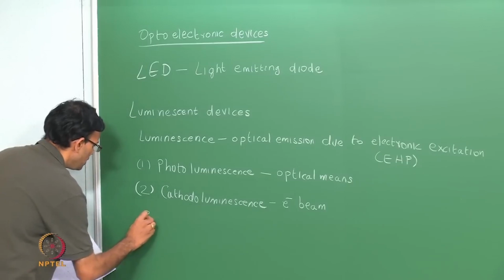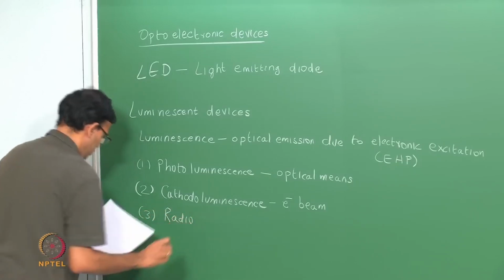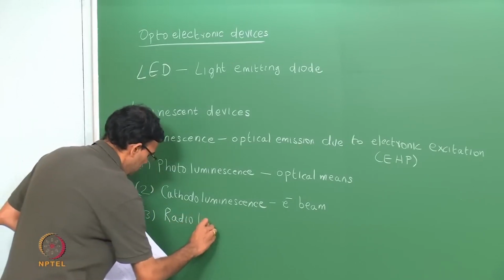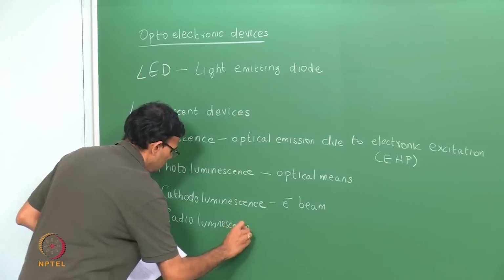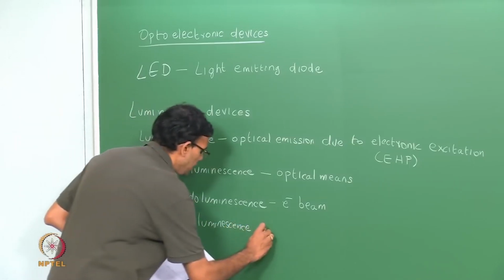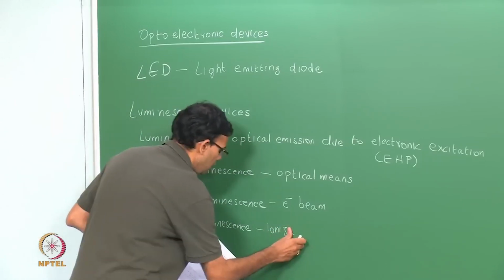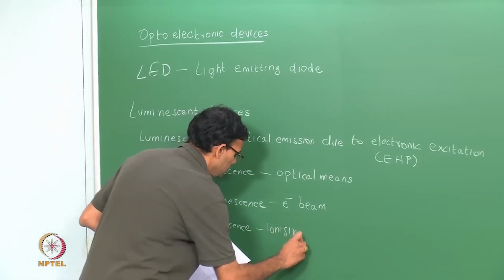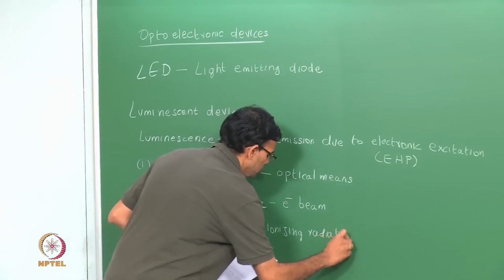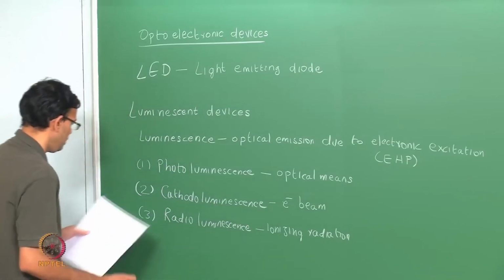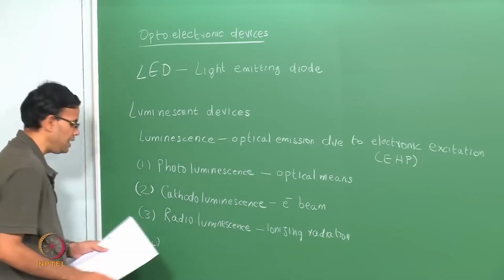There is radioluminescence, here you use ionizing radiation, and finally we have electroluminescence, which is what an LED is.